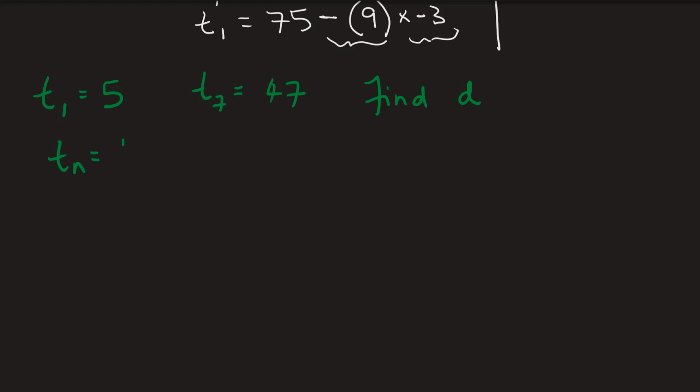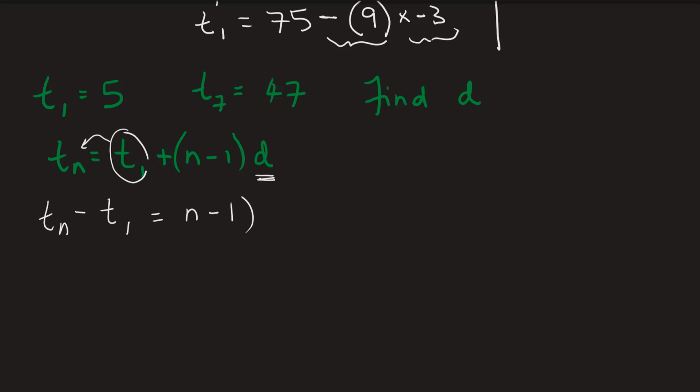Tn is equal to T1 plus (n minus 1) multiplied by d. And I want to find d. So the first thing I'm going to do is take this term and shift it to the other side of the equation so that I get Tn minus T1 is equal to (n minus 1) multiplied by d.